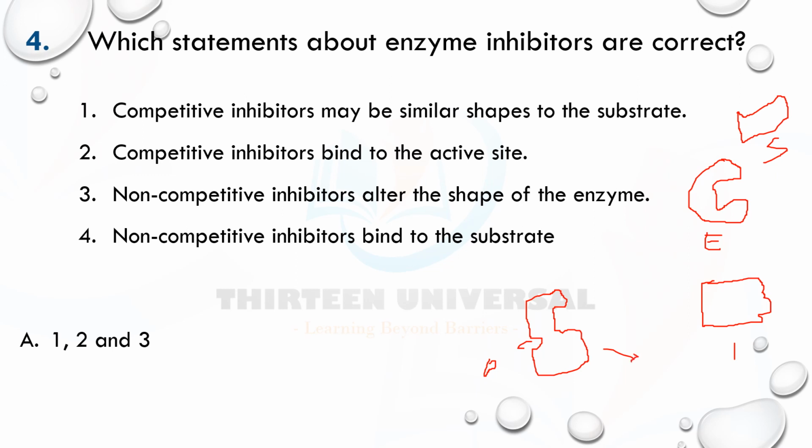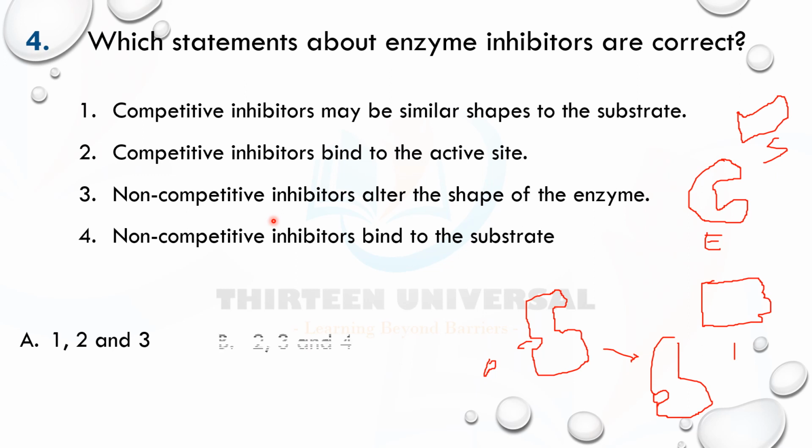The shape of this enzyme will look like this. Sometimes it alters like this, so that substrate is not able to bind to that. So yes, about non-competing inhibitors binding to the substrate: it doesn't bind to the substrate. It binds to the allosteric site on the enzyme.